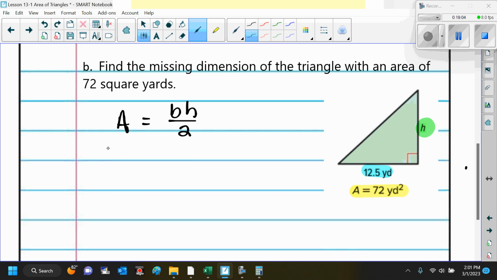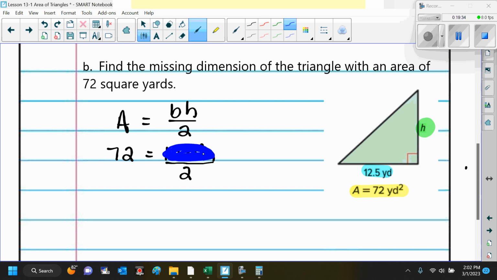Okay? So here we're going to substitute in what we know. We know that the area is 72. We know the base is 12.5. The height is what we're solving for, so that's h. And we're dividing by 2. So now we're going to use our inverse operations. So we're going to use our cover-up. So we want to cover up a term that includes the thing that we're solving for.